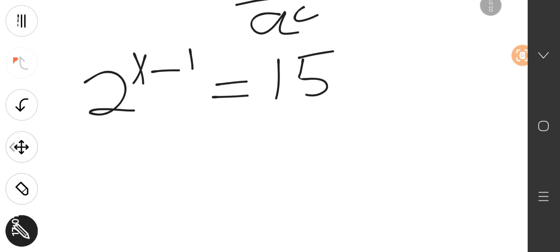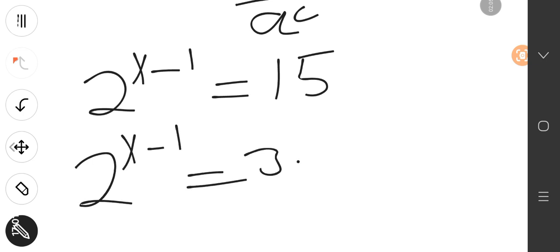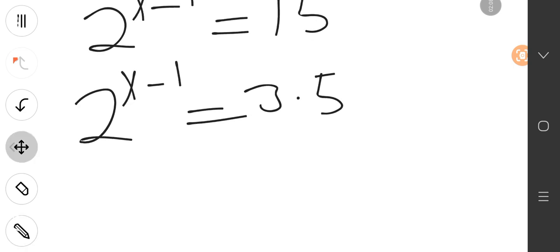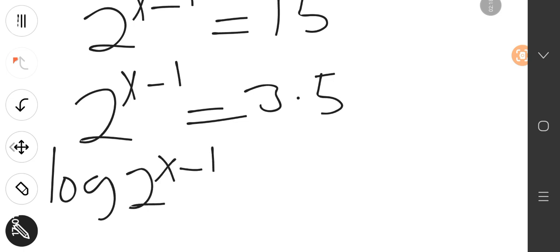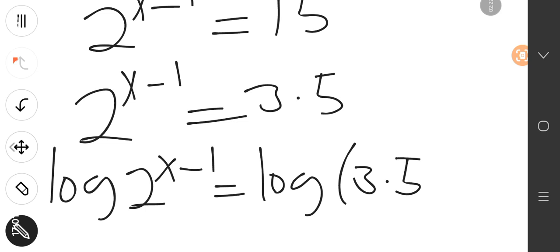So we have 2 exponent x minus 1 equals 3 times 5. Now the bases on the left part of the equation and the right part are not the same. So let's introduce logarithm. We're going to have log 2 exponent x minus 1 equals log of 3 times 5.